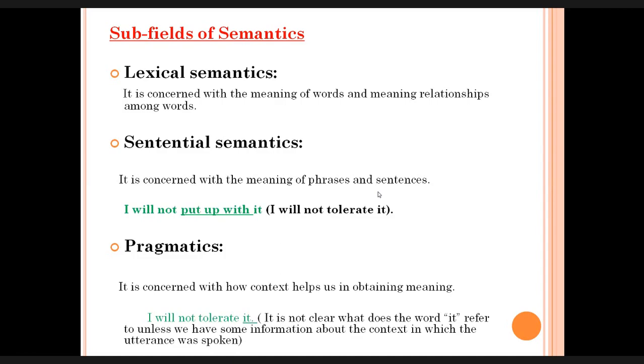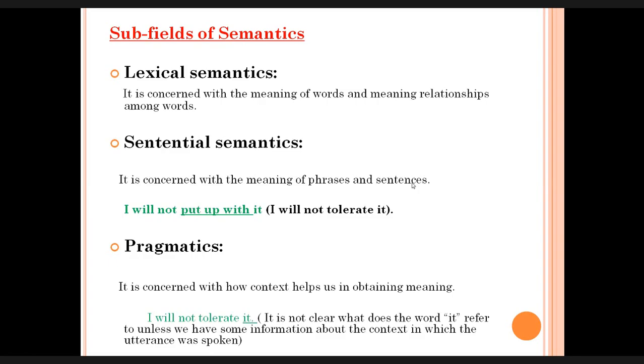But if somebody tries to get the meaning of cats and dogs by looking at the meaning of cats, then by looking at the meaning of and, then by looking at the meaning of dogs, that person will not get the meaning of cats and dogs. Because here cats, and, dogs, these three words do not have any separate meaning individually. All the three words together have a single meaning.